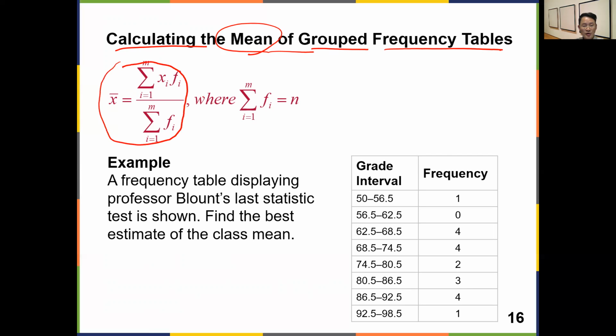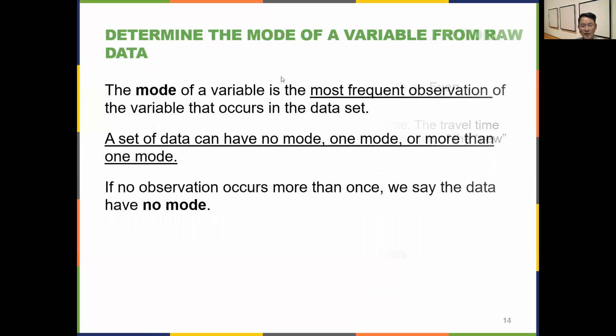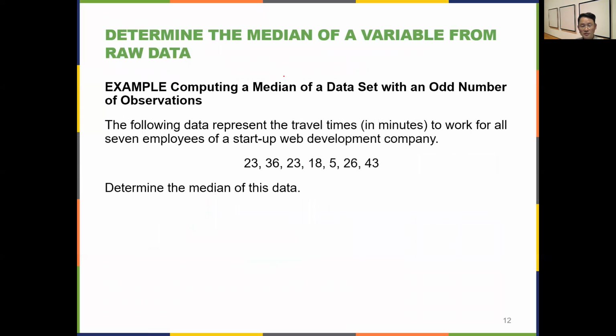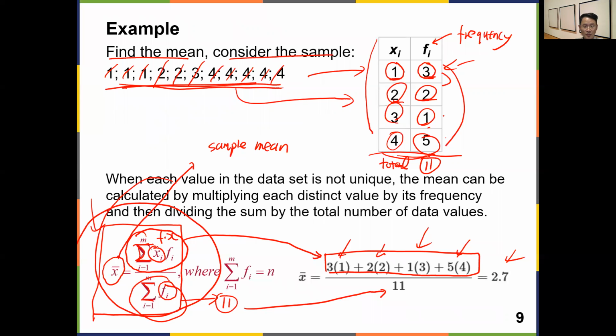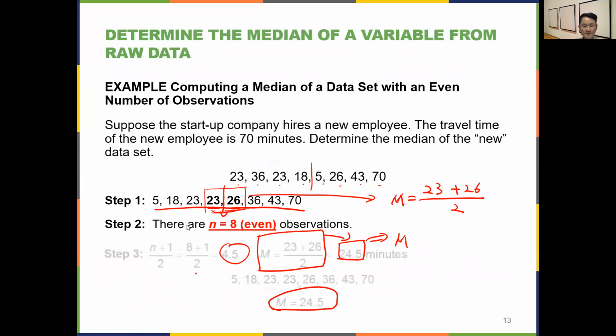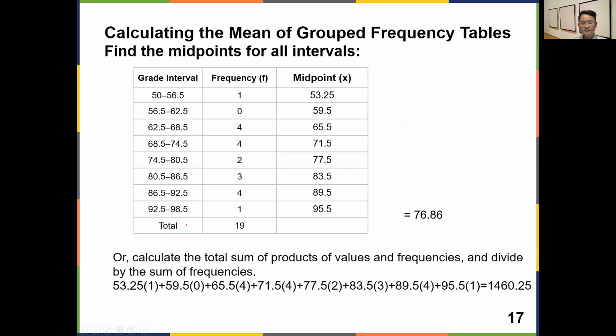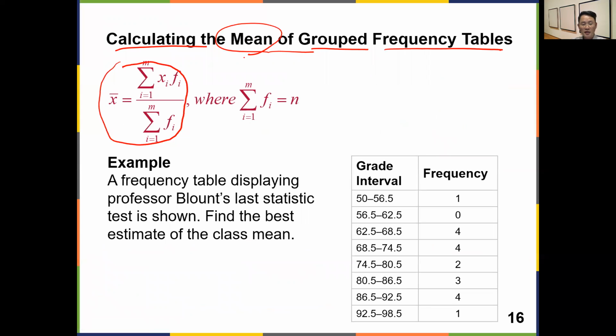If I just go back, this table right here, from the raw data we built a table and we used this formula. This is the same formula right here. It's just that this time you don't really have the actual data. You have the interval and the frequency.